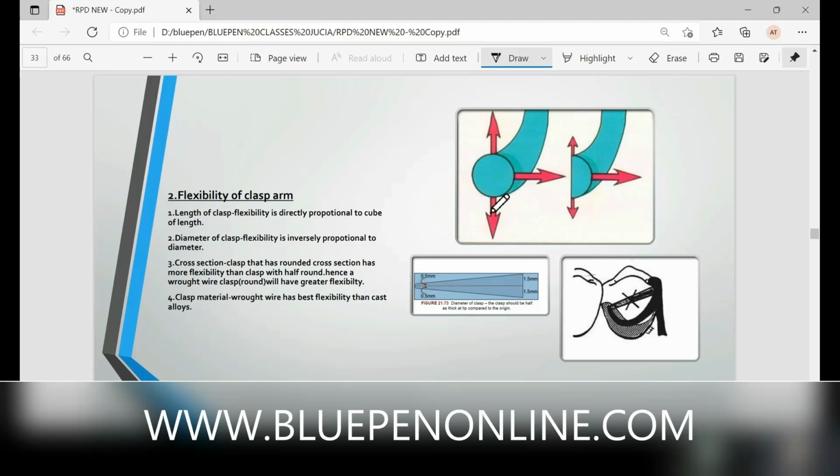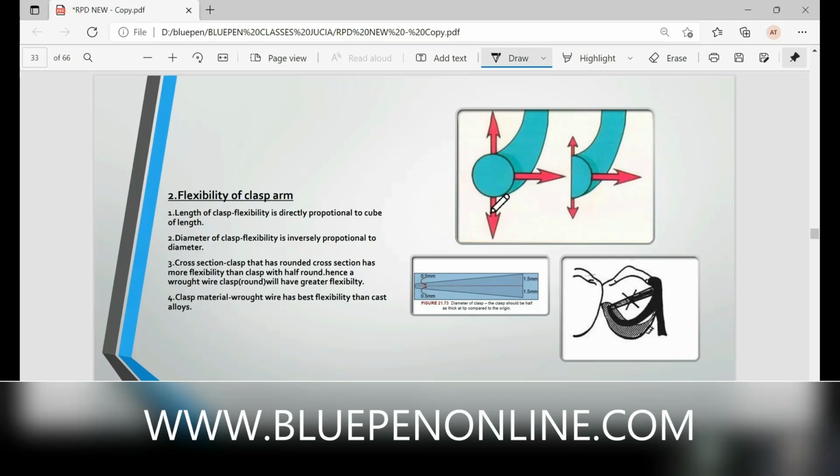When you have a flexible thing, the stress that the abutment tooth is going to get will obviously be less, but our aim is to provide retention, right? That retention will not be there. Increased flexibility, retention will be less, but stress will be less. If the stress is less, that is advantageous to the abutment teeth, but our aim is not fulfilled here.